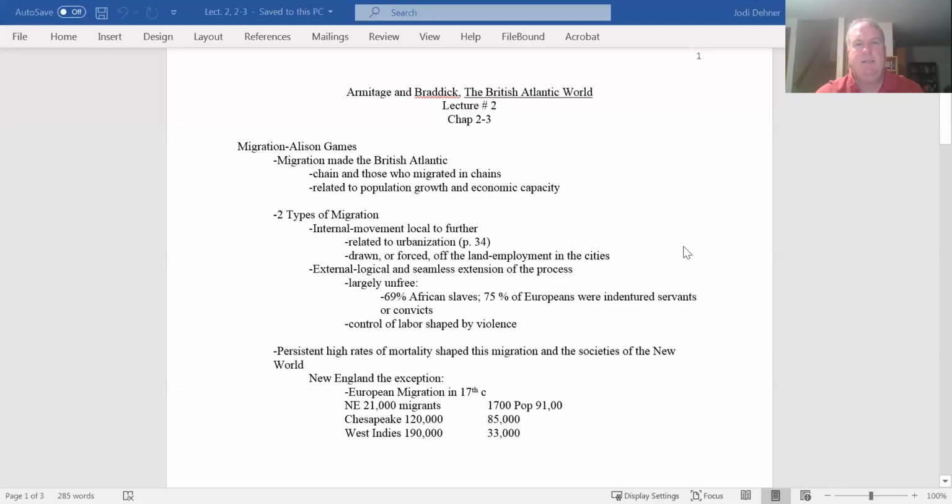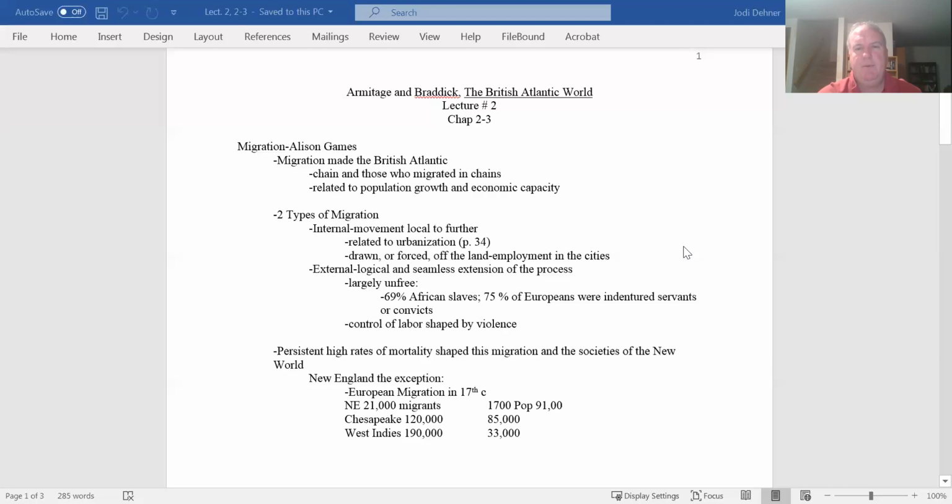But also with this internal migration, people move much further than just to the local city. She provides some figures on page 34 of this stunning growth in urbanization, in which the cities grow extremely rapidly, swollen by migrants from the countryside. Some of these are drawn to the cities. They see better opportunities, or they see little opportunity where they are, and they hope to make a better chance of it in the city.